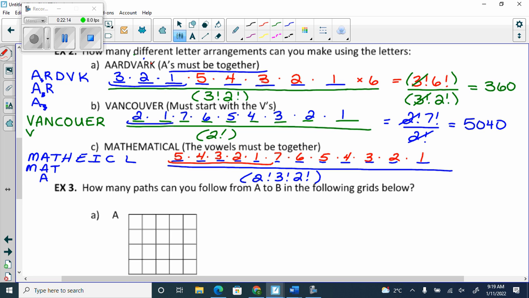Times it by 8. So in my calculator, I would have 5 factorial, 8 factorial, in brackets, divided by 2 times 3 factorial times 2. And what do you get? 101. Is that right? Yeah.